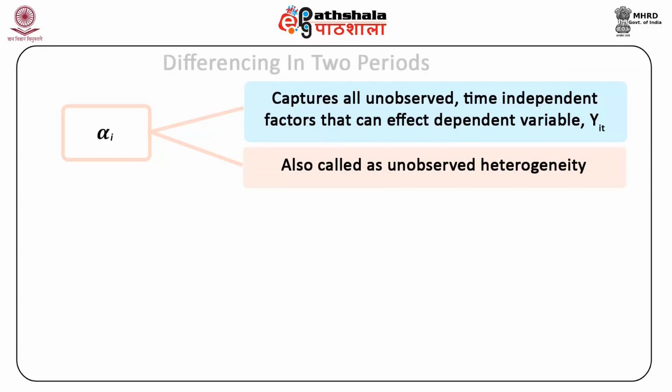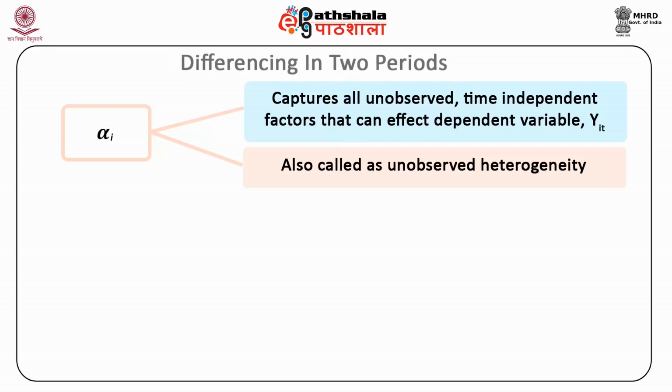It is also common in applied work to find alpha_i referred to as a fixed effect, which helps us to remember that alpha_i is constant over time. Model 1 is called the fixed effect model or unobserved effect model since it captures the unobserved effect alpha_i.